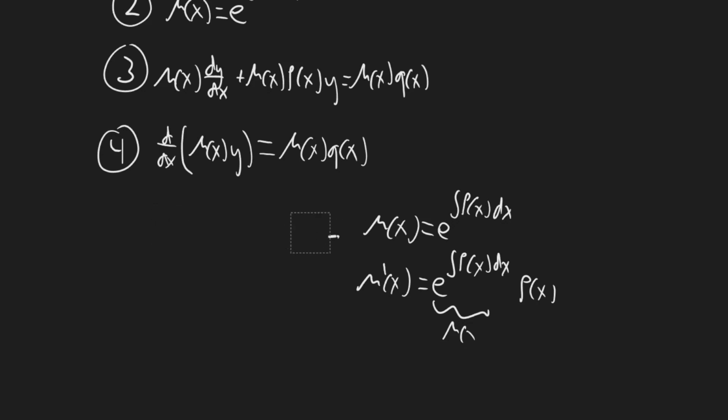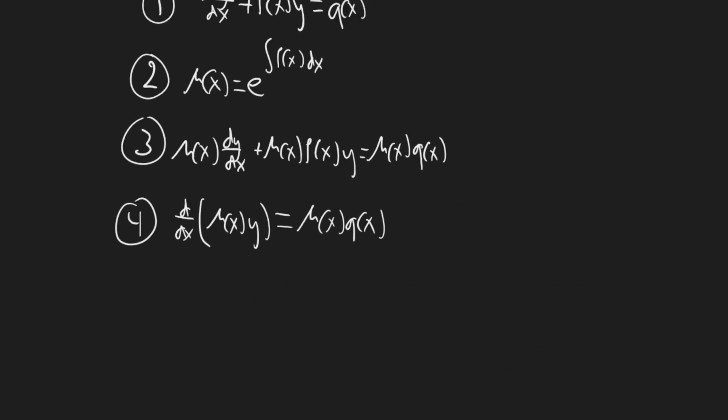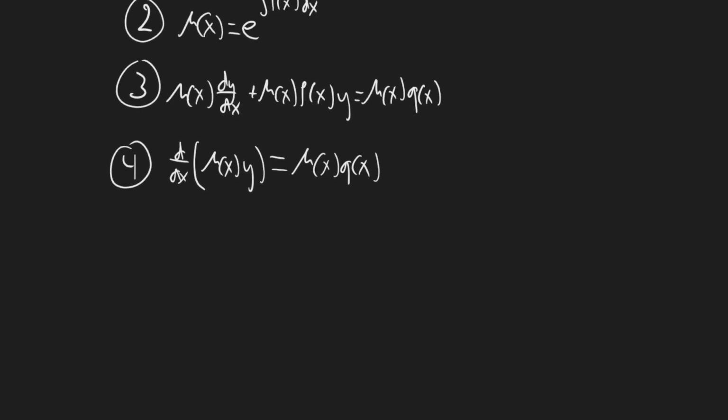That proves we have not changed the equation at all by rewriting it from step 3 to step 4. The reason we rewrote this in the first place is that now we can integrate both sides with respect to x, which is going to be very helpful.